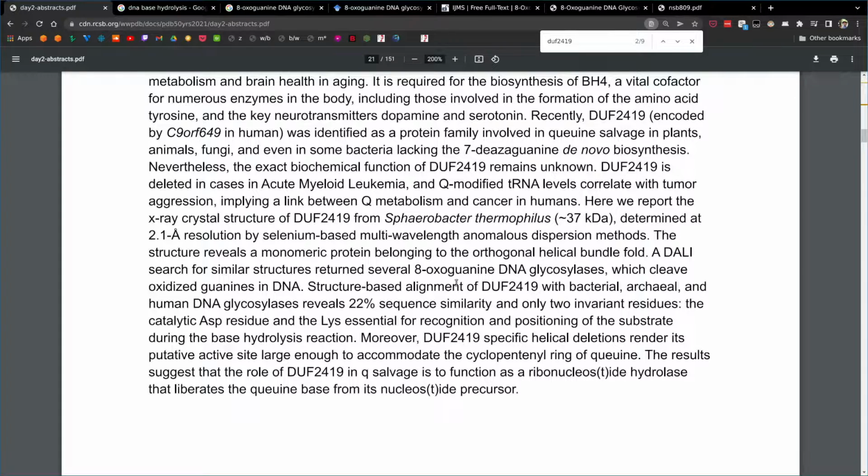If I had had more time, I would have gone and looked at those other ones. It would be good to have a way to do that really quickly, but also slowly. Cyclopentyl ring of queuosine. Cyclopentyl queuosine. Let's look at that again.